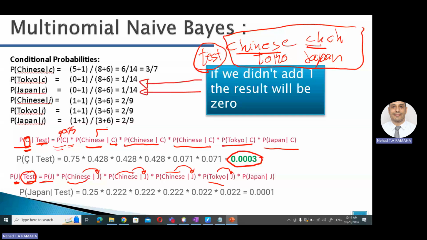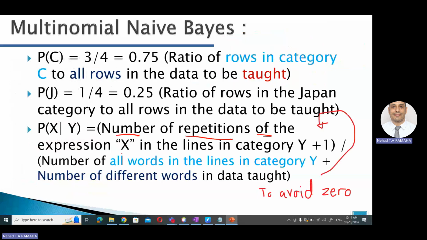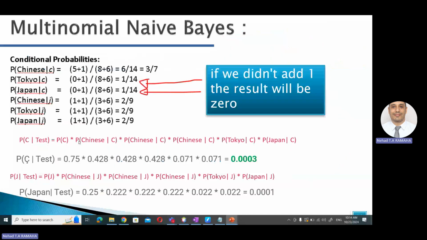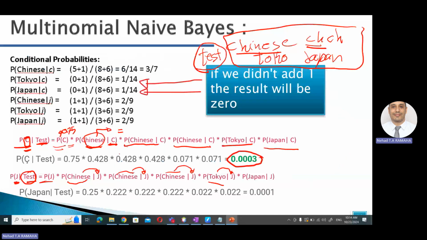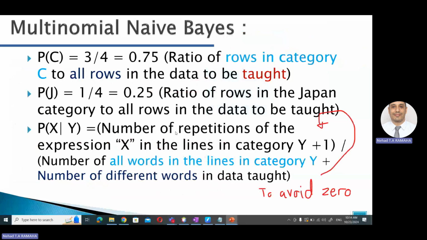This one, how to calculate it? It's equal. How many times we have this number of repetition of the X here with the specified category, plus 1. Okay, how many times we have Chinese with class C? Calculate how many times.